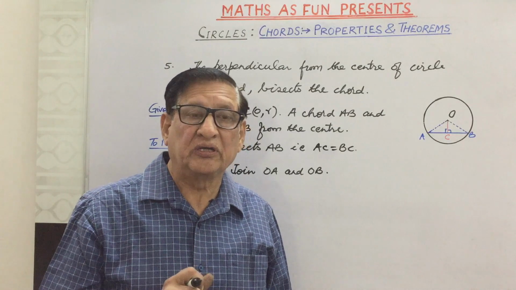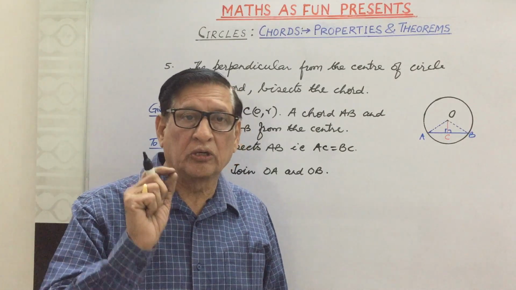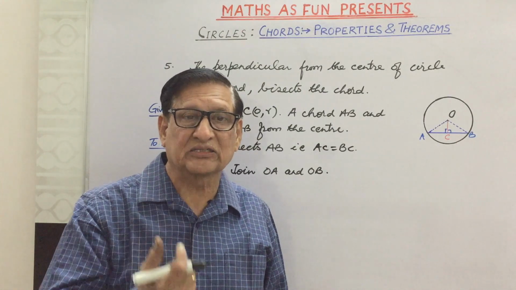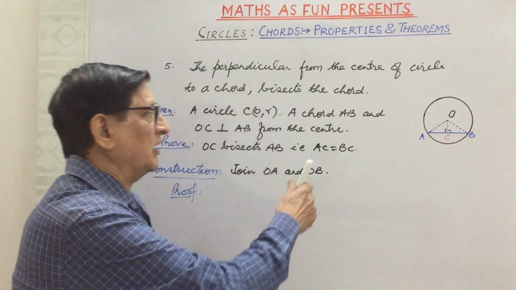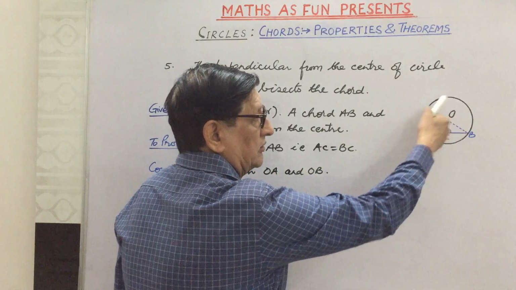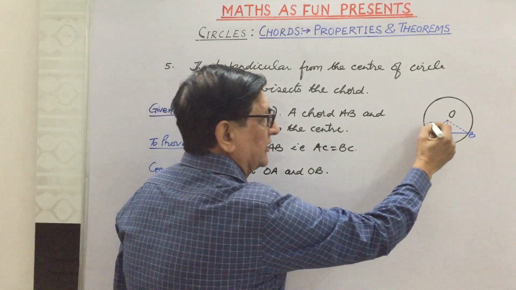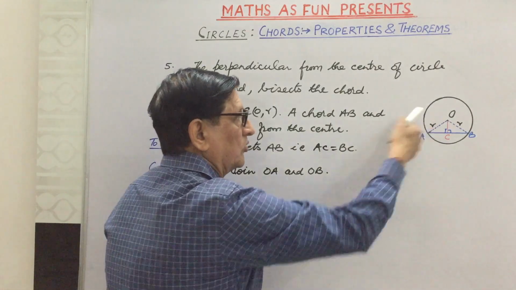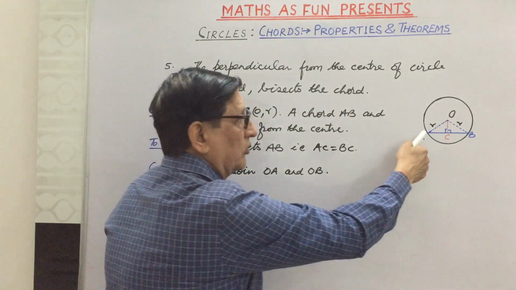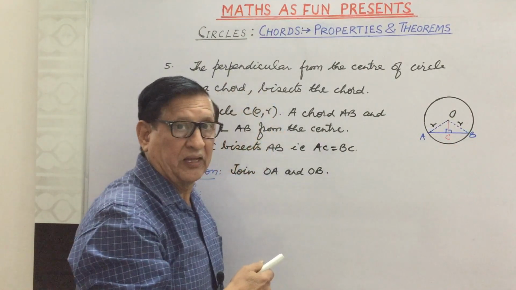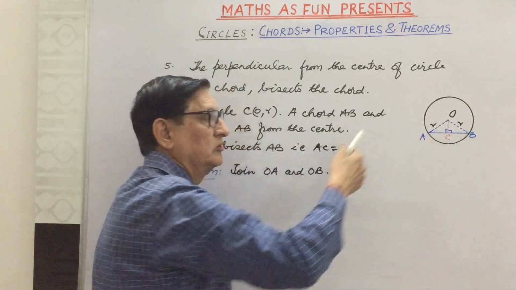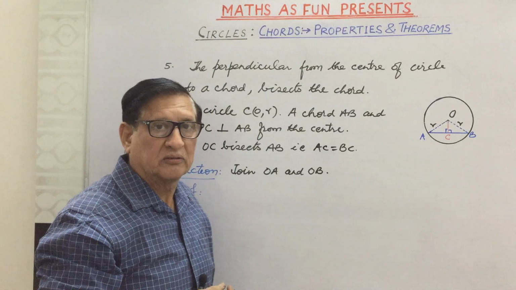The next theorem is: the perpendicular drawn from the center of a circle to a chord bisects the chord. So here we have a circle with radius R and center O. There is a chord AB given in this, and OC is the perpendicular drawn from the center O to AB.